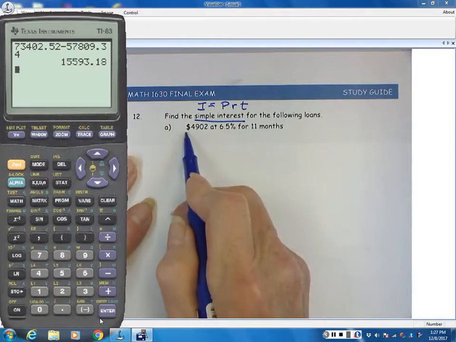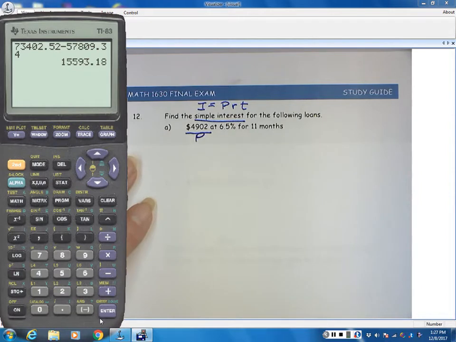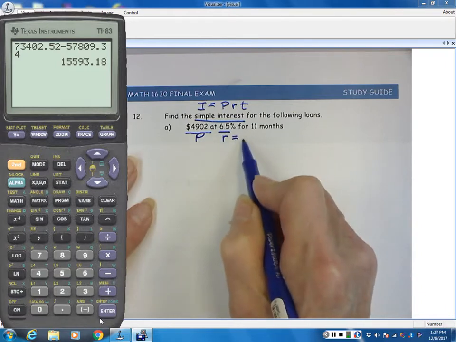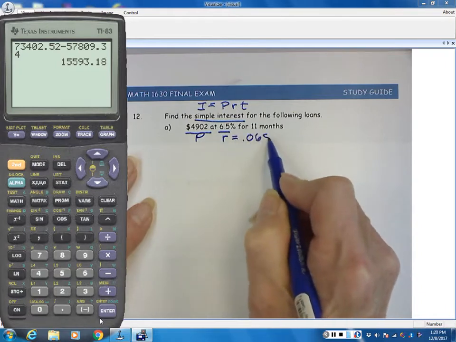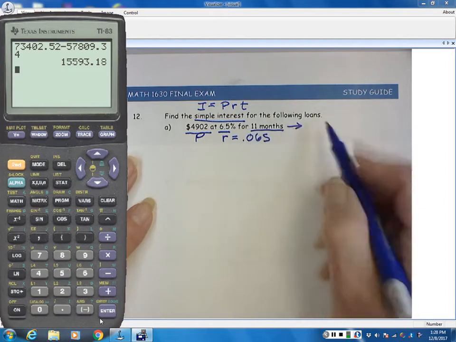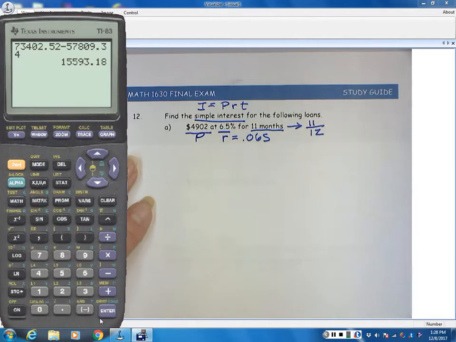So, principal in this case is $4,902. The interest rate is going to be 0.065, and 11 months tells you that the time is going to be 11/12 because there's 12 months in a year.